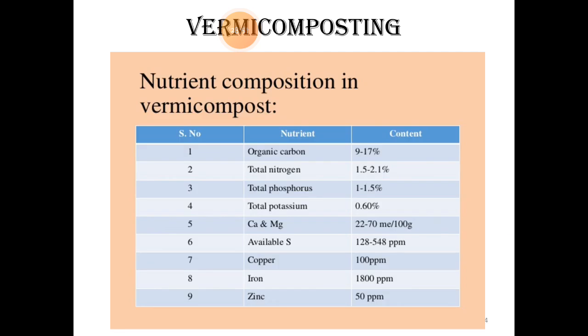The composition of vermicompost commonly includes organic carbon of 9 to 17%, nitrogen of 2%, phosphorus of 1.5%, potassium of 0.6%, and calcium, magnesium, sulfur, copper, iron, and zinc in parts per million.